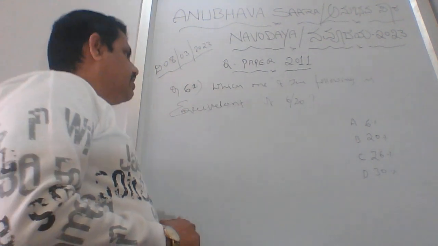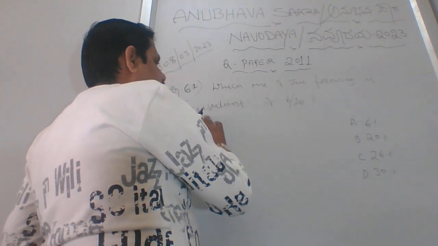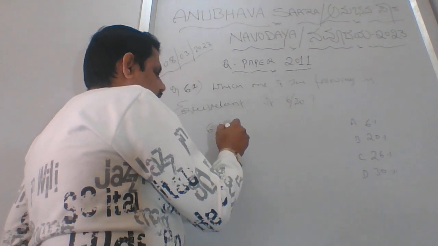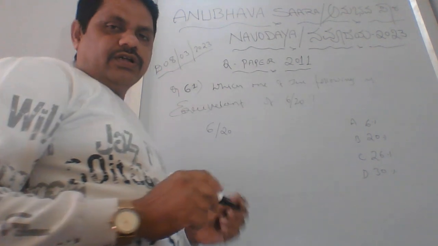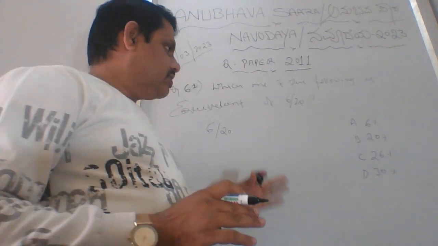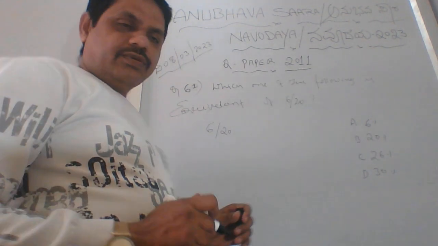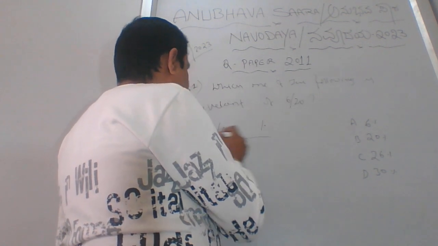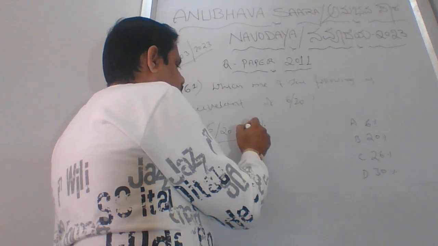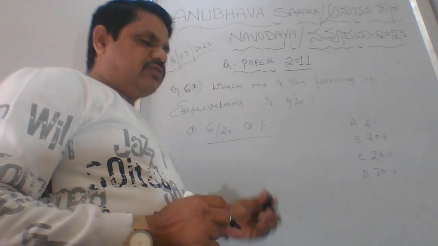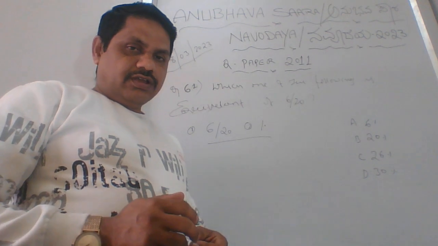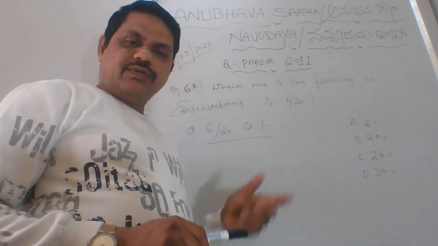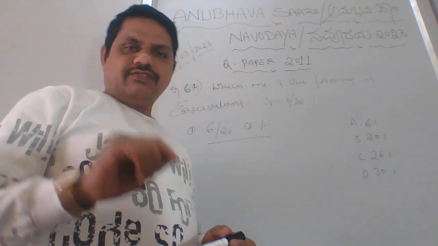Which of the following is equivalent to 6 divided by 20? Equivalent means how we can equate, and that is again in percentage. So here you have to concentrate on 6 divided by 20 and percentage, and think how you can do it. Let us follow the first method and the second method, and based on that you will get an answer.